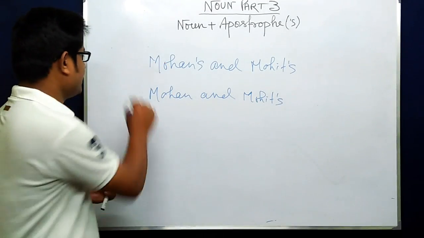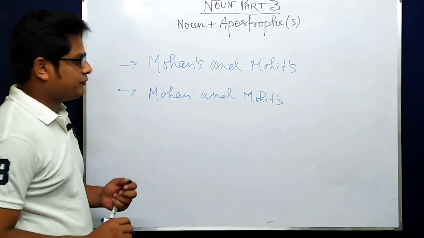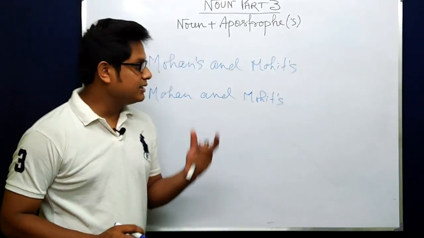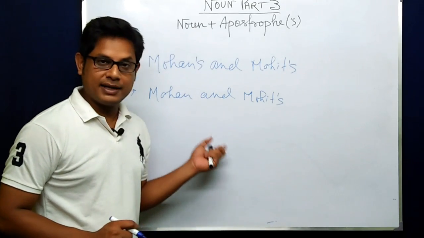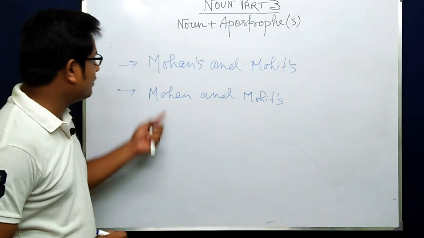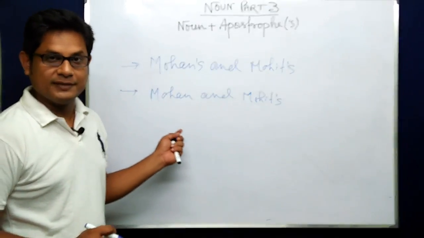Okay, these two things. Now you have to find what the difference is, whether these two are right however they are used, or the meaning of the two is completely different from each other.